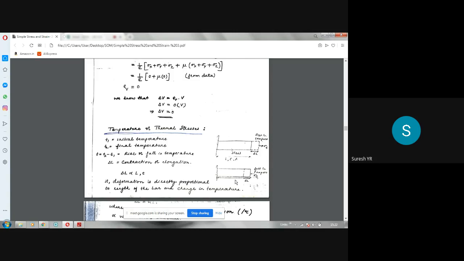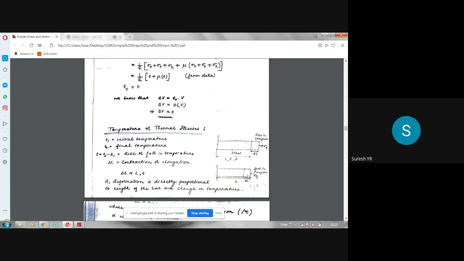Similarly, in the other diagram, one end is restrained, and when there is a fall in temperature, when the material gets cooled, let us say initially it is 40 degrees and later by cooling the temperature has fallen to 20 degrees centigrade, then there will be contraction.